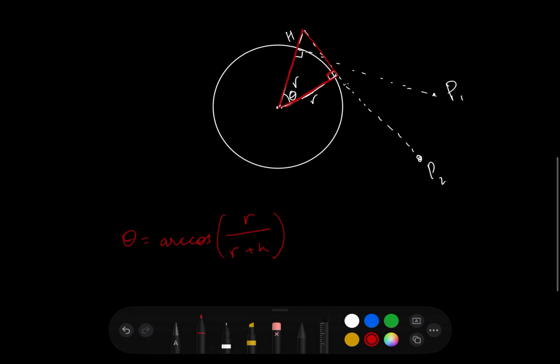We can get this by saying that cosine of theta is equal to r, which is the adjacent, over the hypotenuse, which is r plus h.